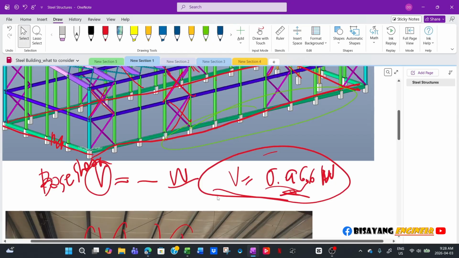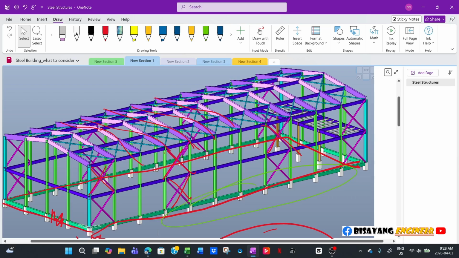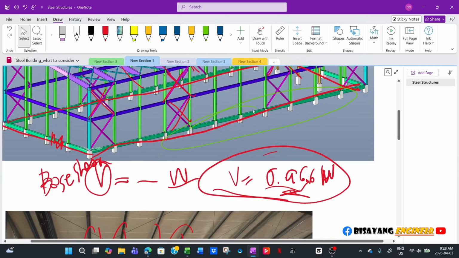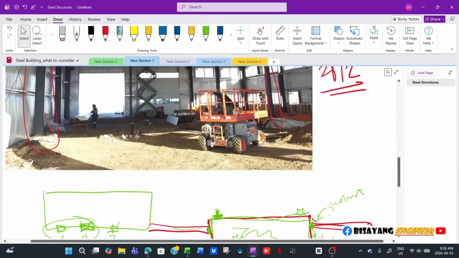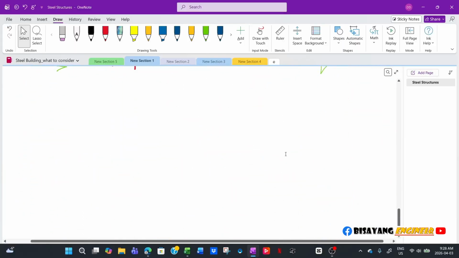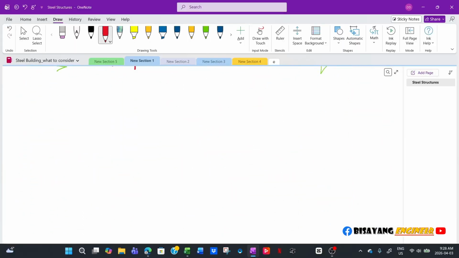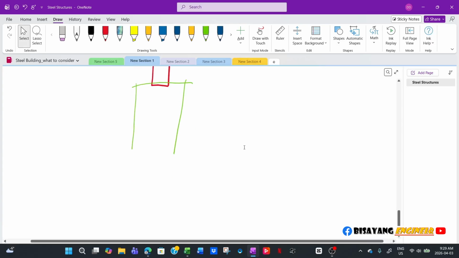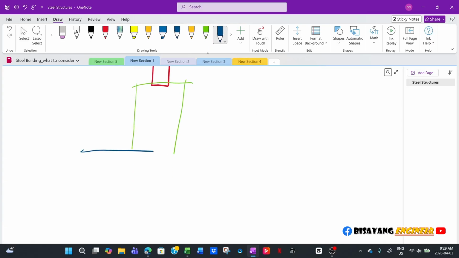Because pile foundations for buildings back home are not really common, I would assume this will be a footing, right? So this is your steel frame, this is your pilaster or pedestal, whatever you call it, and this is your footing.